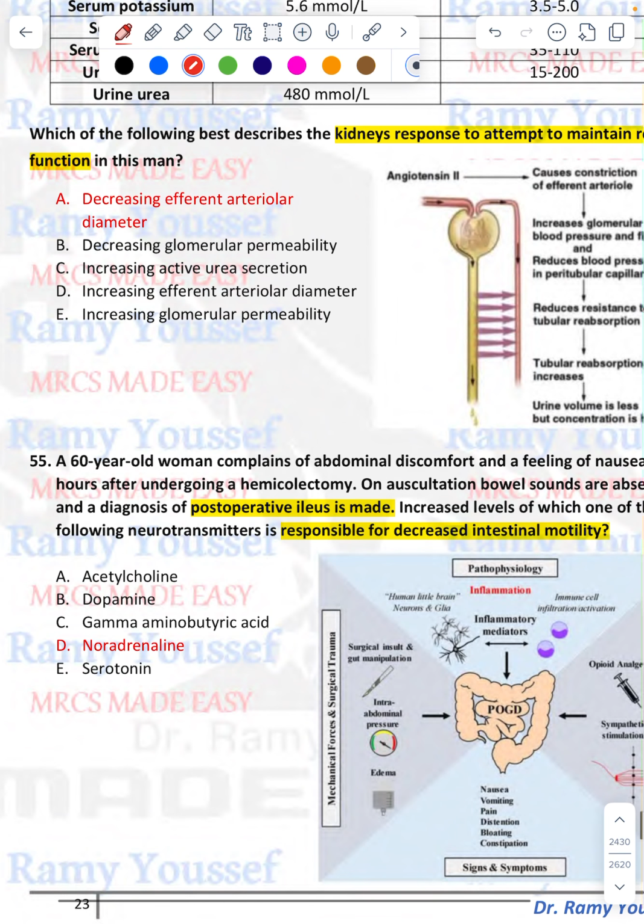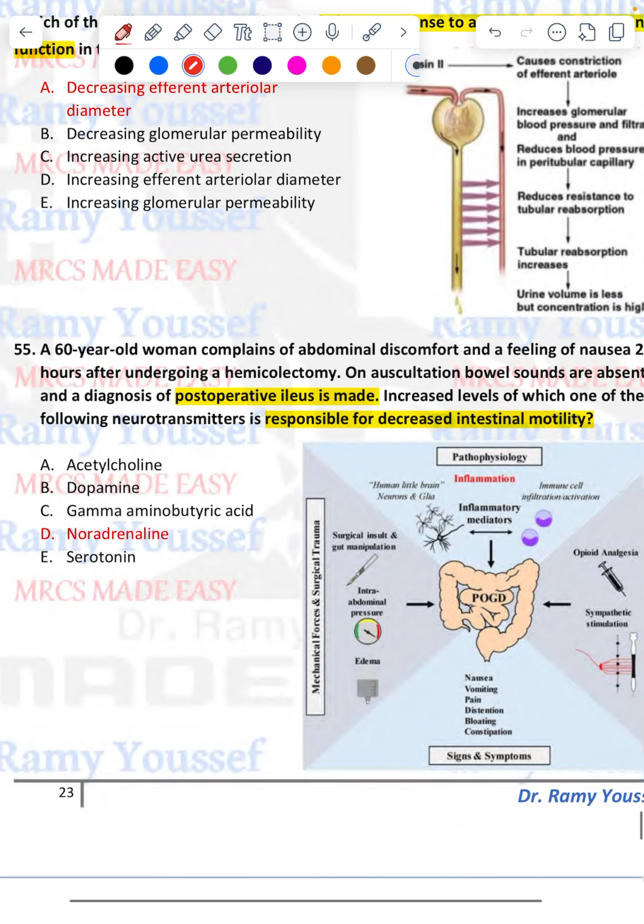Parasympathetic is release, sympathetic is stop: S is stop, para is release. So motility will be increased with parasympathetic vagal stimulation, causing diarrhea, and sympathetic stimulation will cause stopping of motility.